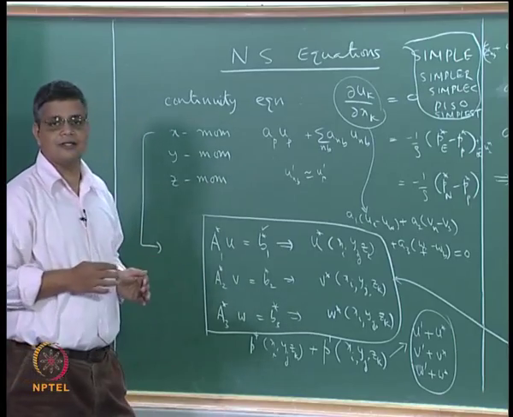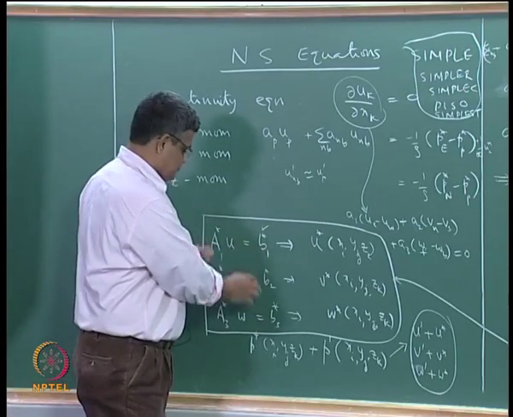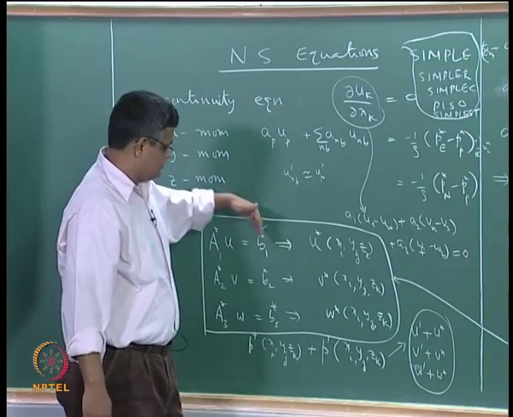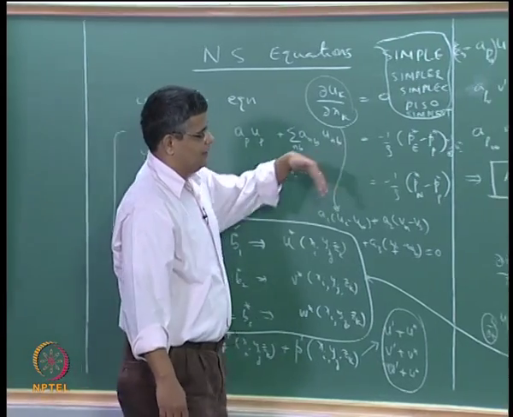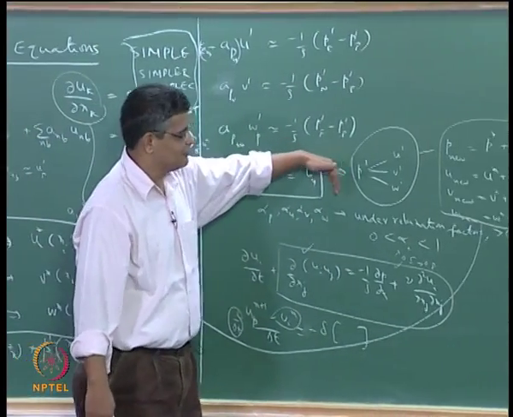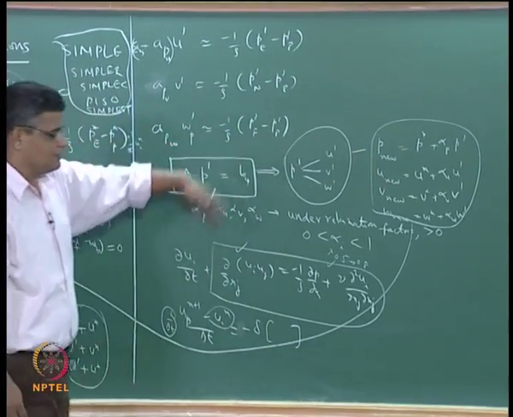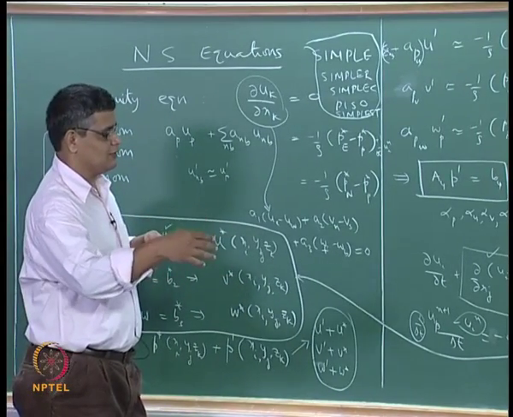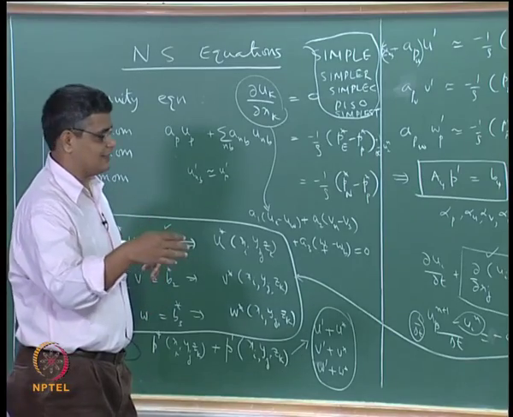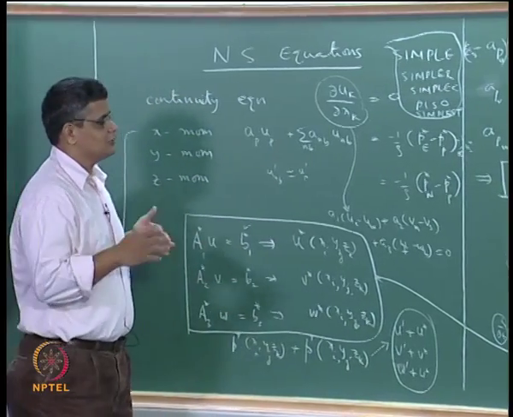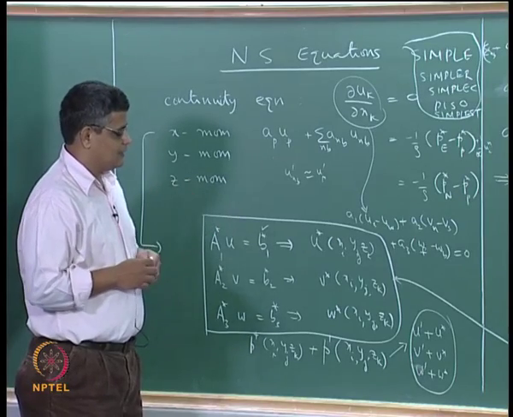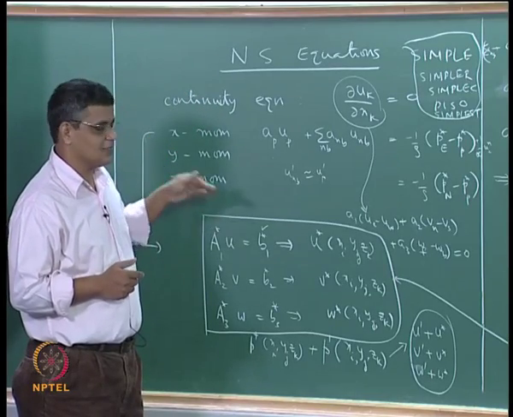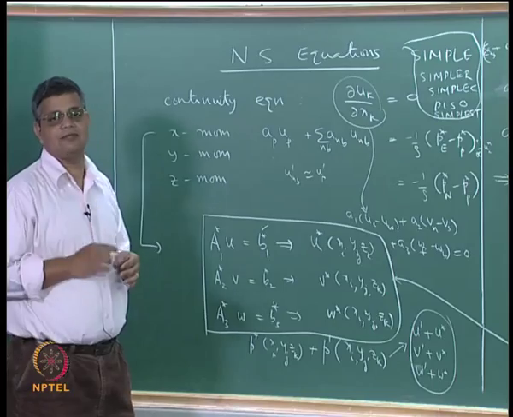So in an unsteady calculation we have to go through this iterative solution of guessed pressure field, estimated velocity field, and estimated pressure and velocity corrections to the new values, and this kind of looping we have to do several times at each time step, at the end of which we get the new values of the flow variables at that time step, and then we have to go to the next time step. So the solution method is not very different, and the extension of the SIMPLE method that we have looked at for steady flows to unsteady flows is relatively straightforward.